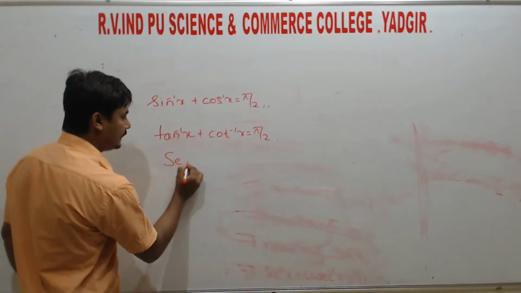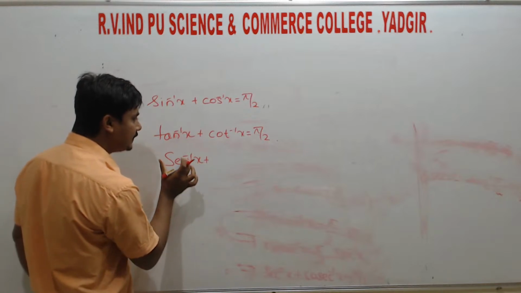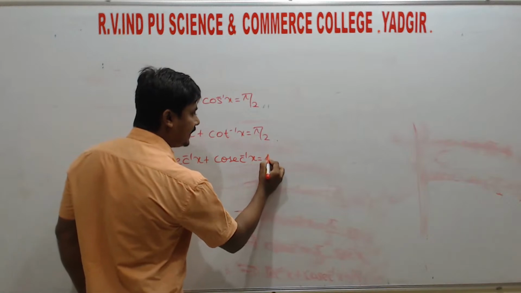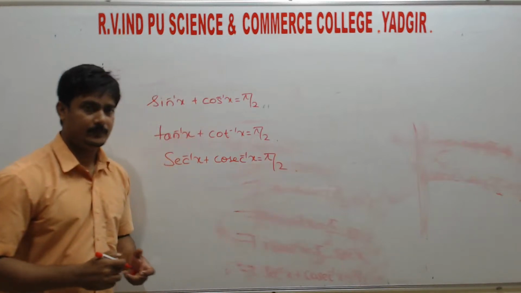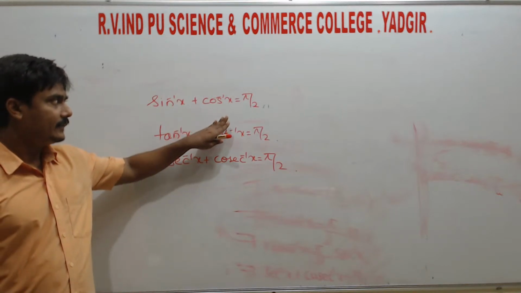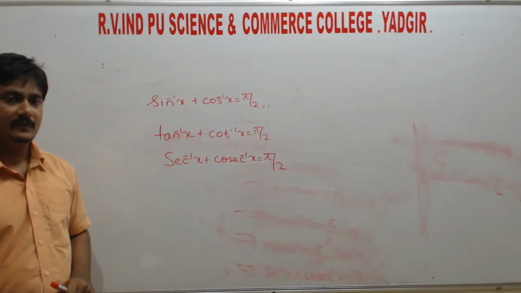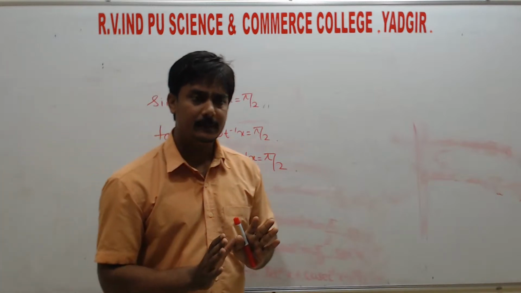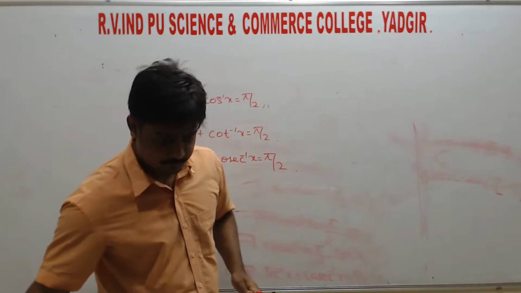Similarly, sec inverse x, just add co to it, it becomes cosecant inverse x, equal to pi by 2. These are the three results which contain pi by 2. Is that clear? Can I now remember this formula? Yes.